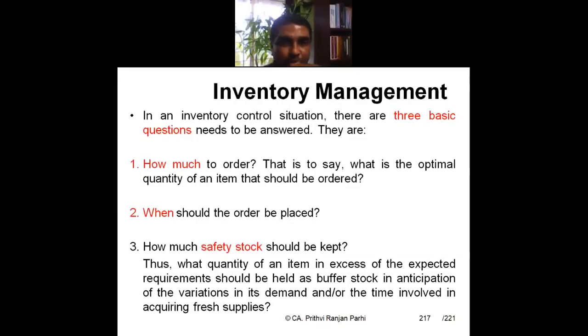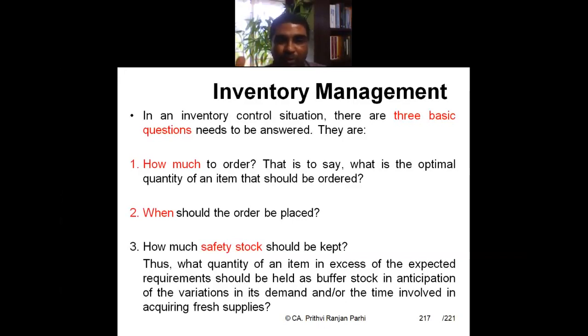Now, when you are talking about inventory management, three basic questions arise. First of all, how much to order? Suppose we are thinking of ordering raw material, then what should be the quantity for ordering? What is the optimal quantity? Should I order 1 ton, 2 tons? Then when to order? At what time do we have to place the order?